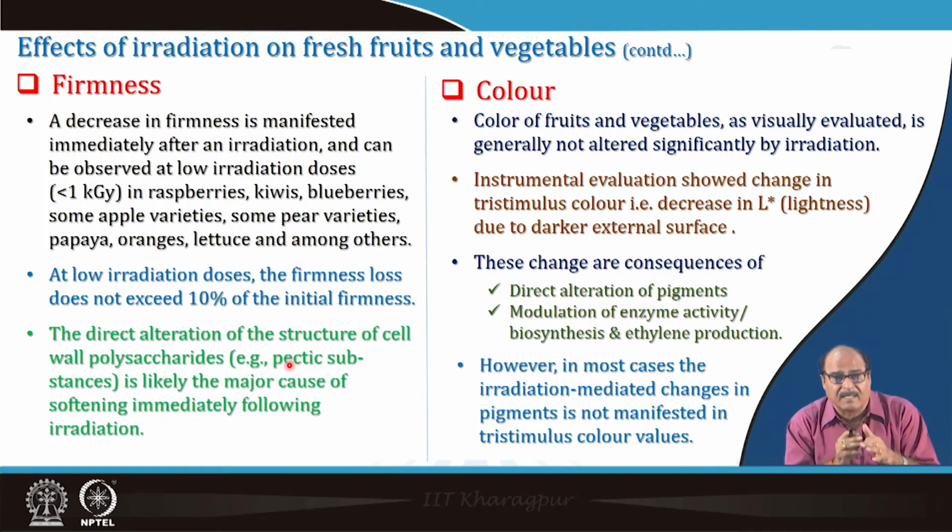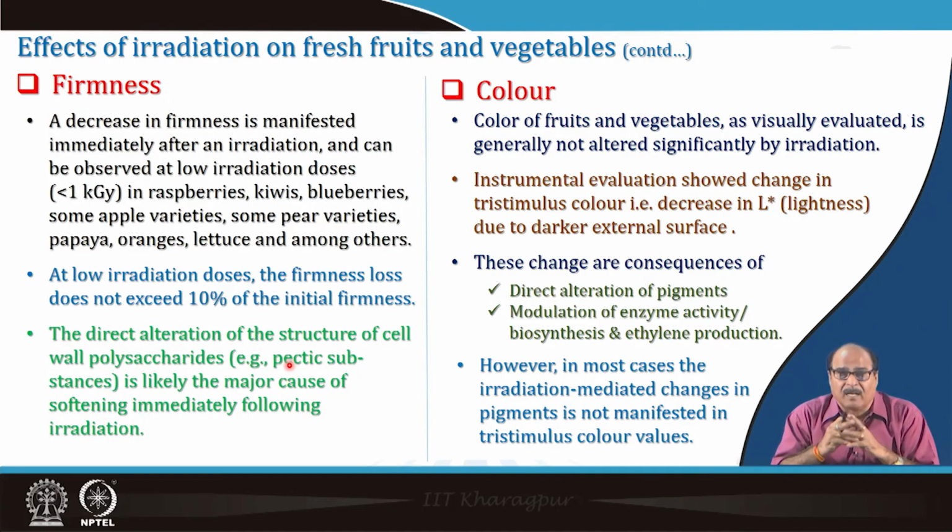The direct alteration of the structure of the cell wall polysaccharides like pectic substances is likely the major cause of softening immediately following irradiation. That is the effect of irradiation on the pectic substances, etc.